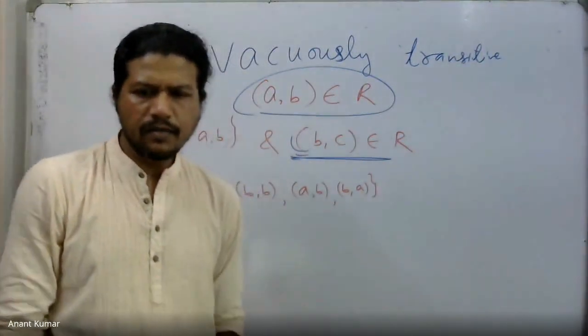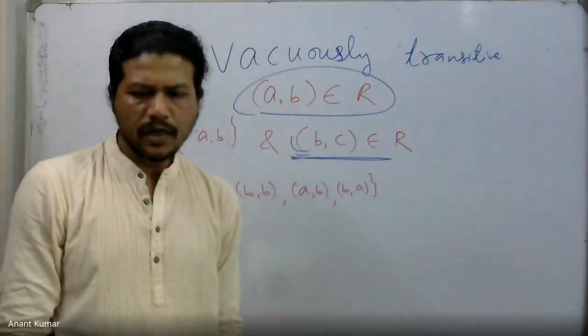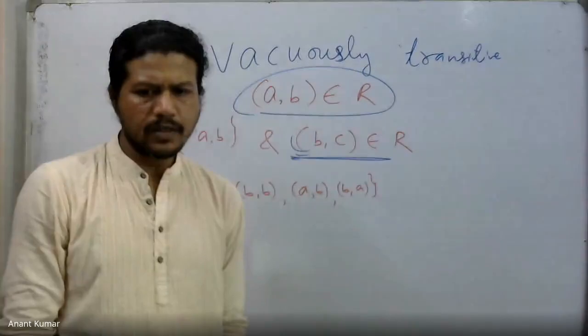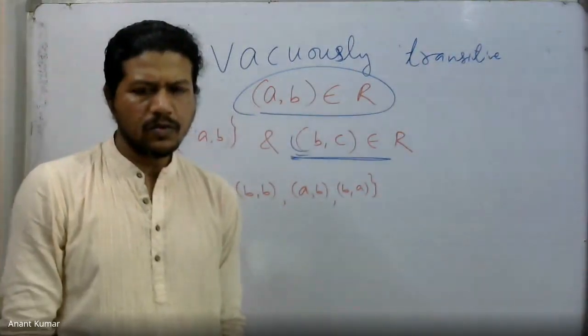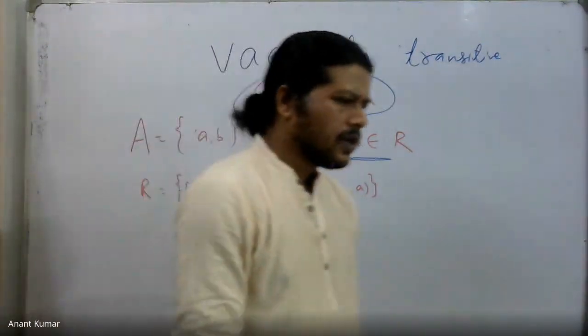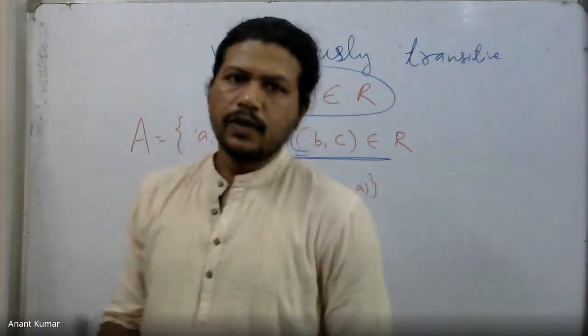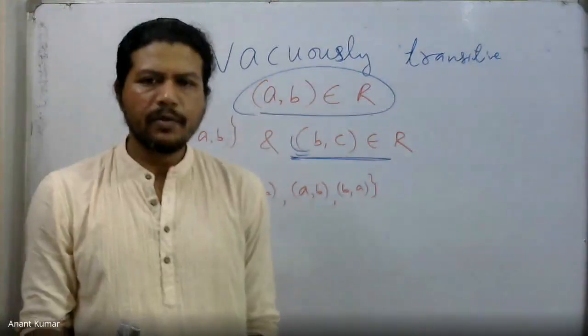(A, B) is in R given A not equal to B and (B, A) not in R. This is antisymmetric. No, that is not right, Rishabh. I said already, if the condition is not fulfilled, it becomes vacuously true.